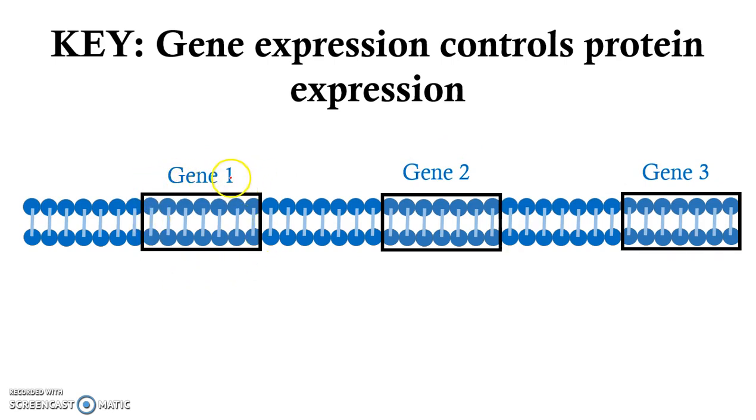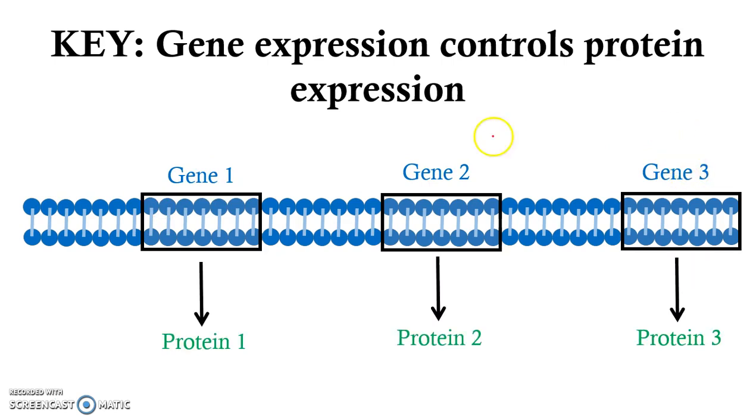So you have in this picture gene 1, 2, and 3. Each gene gets transcribed and then translated to make a single protein. So gene 1 codes for protein 1. Gene 2 codes for protein 2, and so on. So the key here is that if gene 1 is expressed, then we get protein 1.